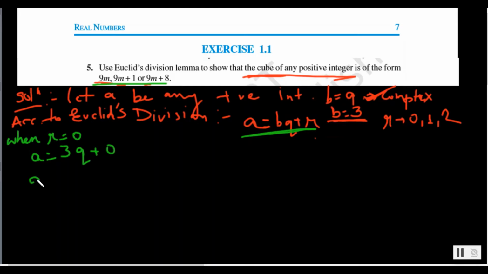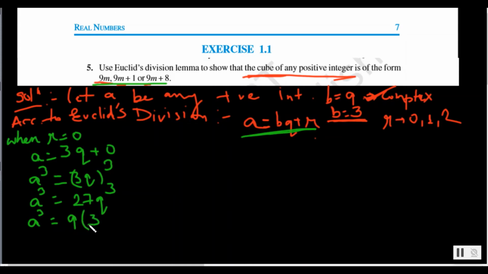Now cubing both sides, a cube equals (3q) cube, which is nothing but a cube equals 27q cube, which we can also write as a cube equals 9 times 3q cube, and we will consider 3q cube as m to get this result. So a cube equals 9m.